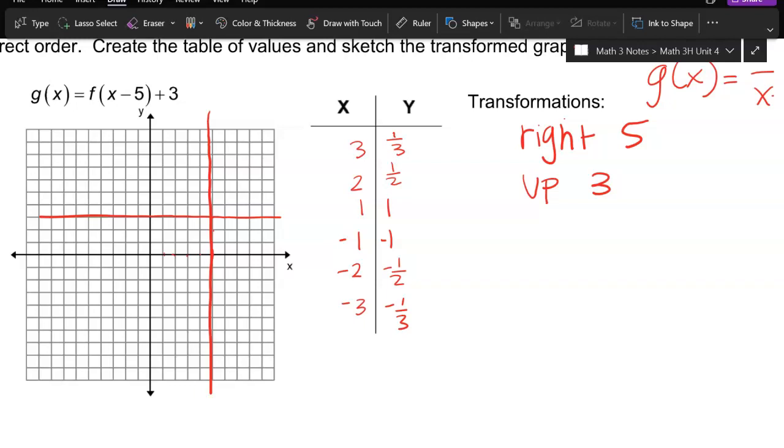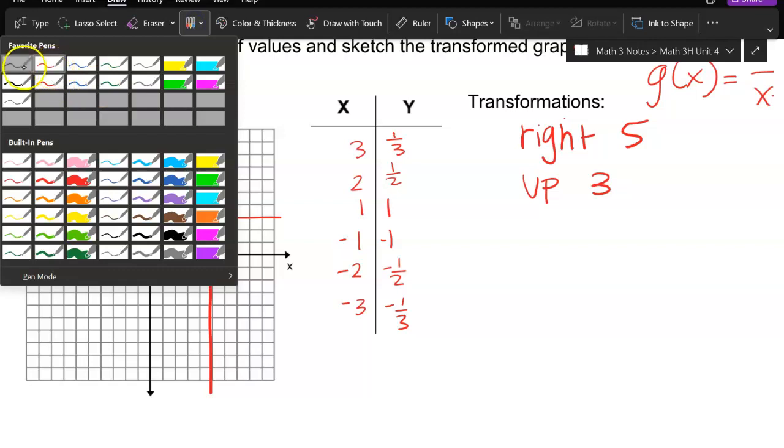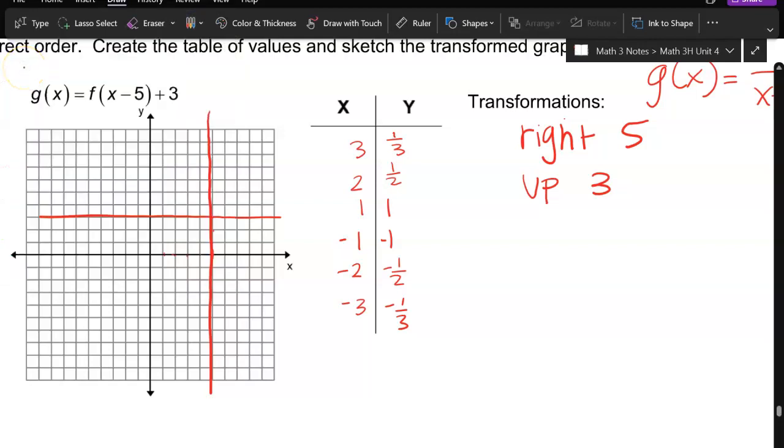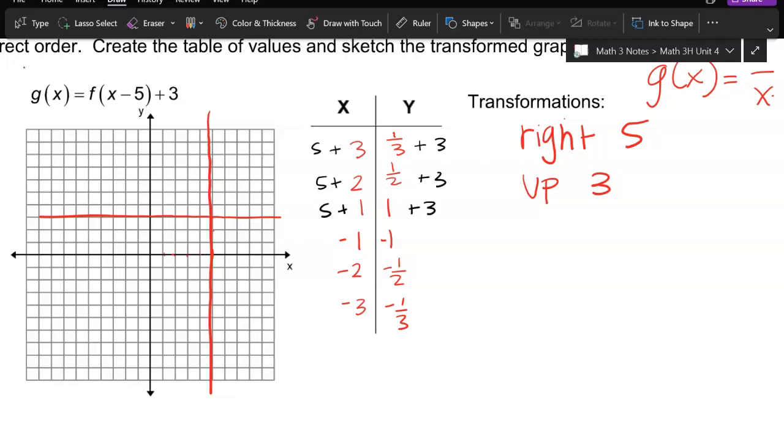All right, so let's graph these. I'm going to change the color here. All right, so right 5 up 3. So right 5 happens to the x, and up 3 happens to the y's. So we'll just add those here.